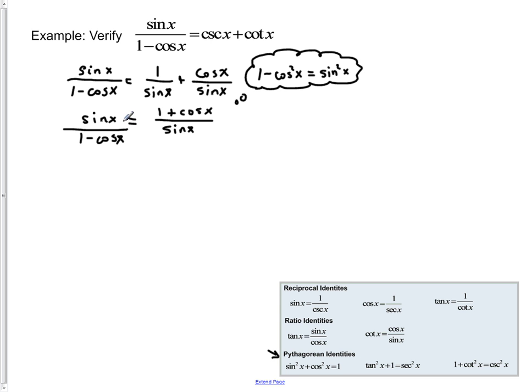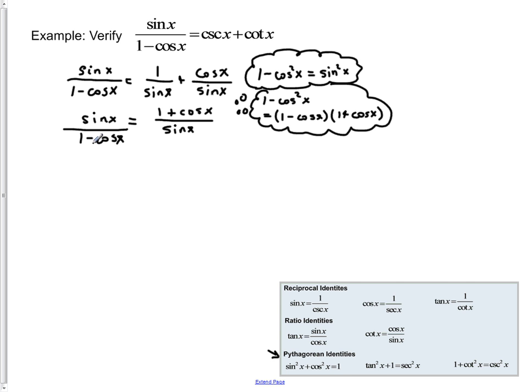So I'm going to go over here to my left-hand side. I'll notice that, well, 1 minus cosine squared x algebraically is one of those differences of two squares. You don't see it? Well, here, 1 minus cosine squared x is 1 squared minus something else squared. And we know that that factors as 1 minus cosine of x times 1 plus cosine of x. And if I think about this particular situation, that's kind of helpful, right? Because I do have a 1 plus cosine of x and a 1 minus cosine of x.